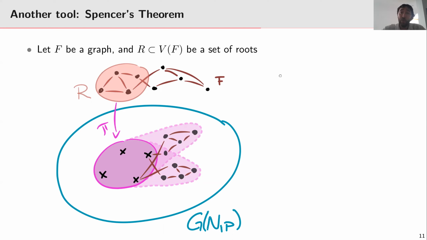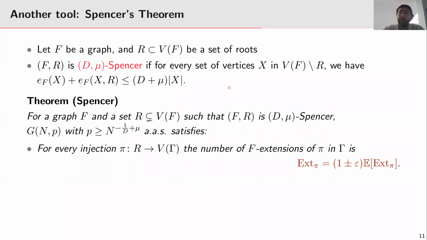Okay, so what Spencer's theorem says is if some density conditions are satisfied, then whatever choice of pi you make, wherever you put the roots, the answer will be very close to the expected number. So I don't want to focus too much on the density condition. I'll put it up on the slide for honesty's sake.